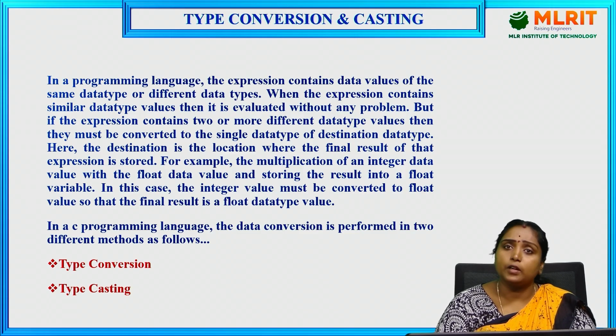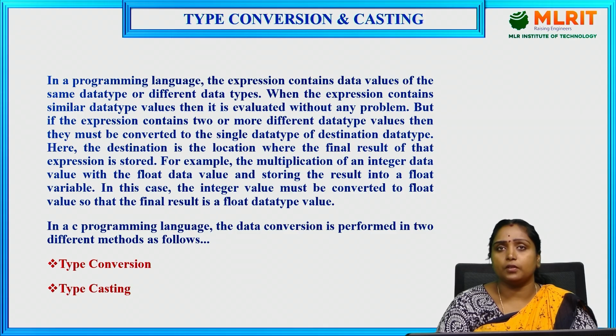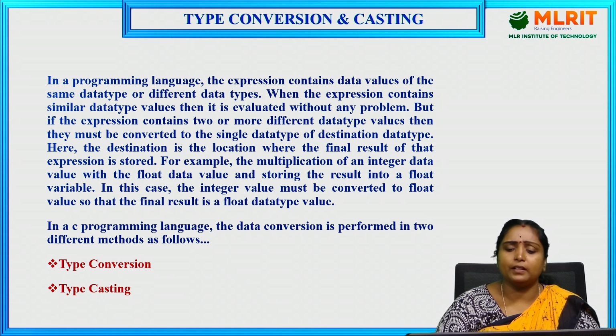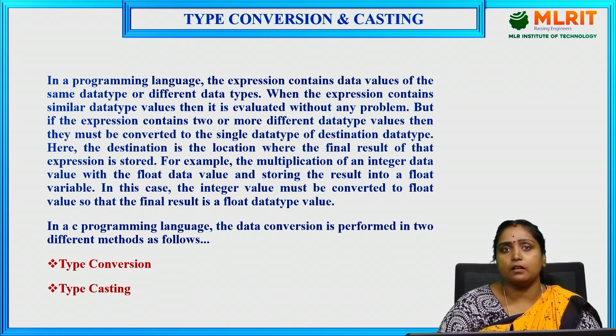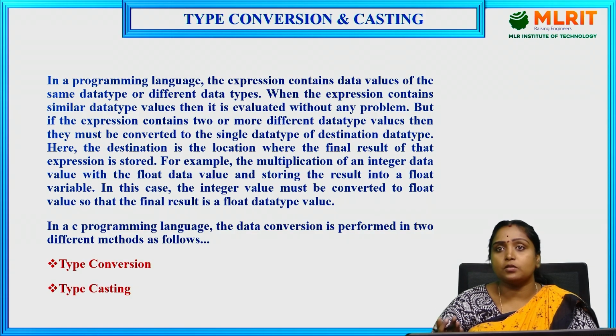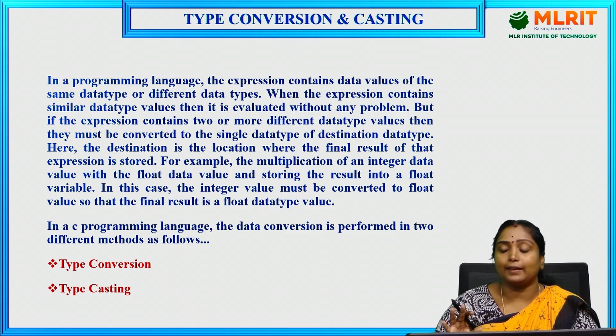If I get a combination of them together, what do I have to do? For example, the multiplication of an integer data with a floating value, what does it result in? It results in a floating value, right? So you have to convert that particular result into a floating value. So the expression should be converted to float.